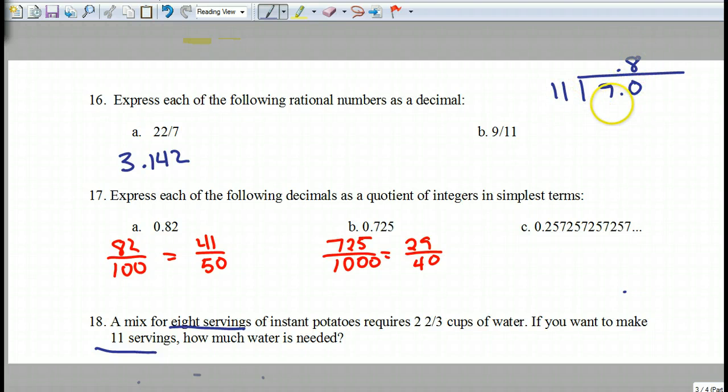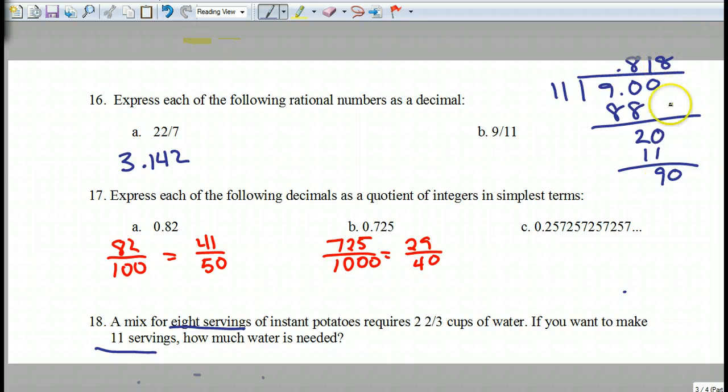So 8 times 11. Okay. So I'll bring down a 0. How many times? Once. 90 again. 8. You guys see a pattern going on here? So it's repeating. So the answer on this one should have been 81 repeating.